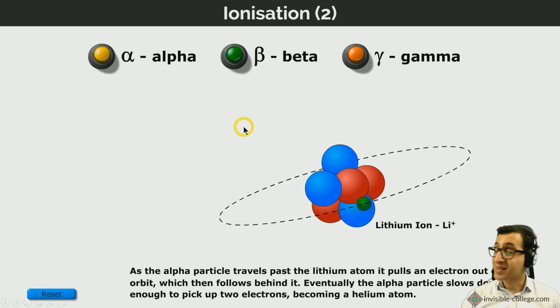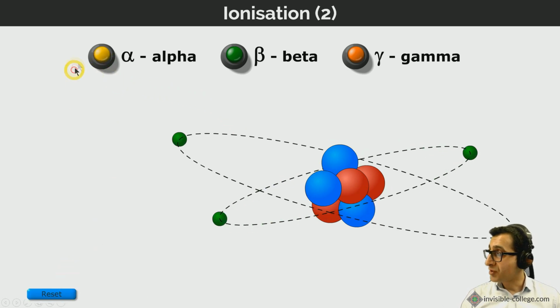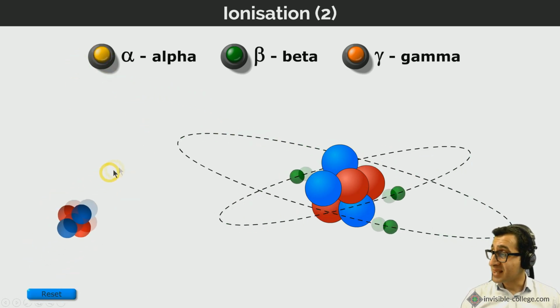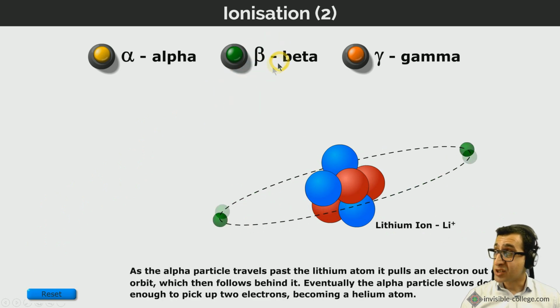The electron in the highest energy level is attracted to the positive charge on the alpha particle, and as the alpha particle moves past, it strips that electron away from the atom, leaving behind a positively charged ion.